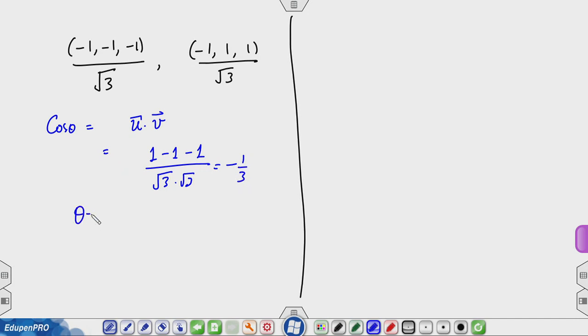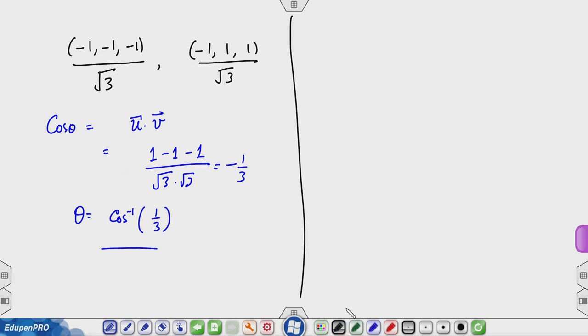So the angle is going to be cos inverse of minus 1/3. And these are precisely the angles in sp3 hybridization in methane and all that. So this is precisely that kind of bonding that takes place between the carbon atoms.